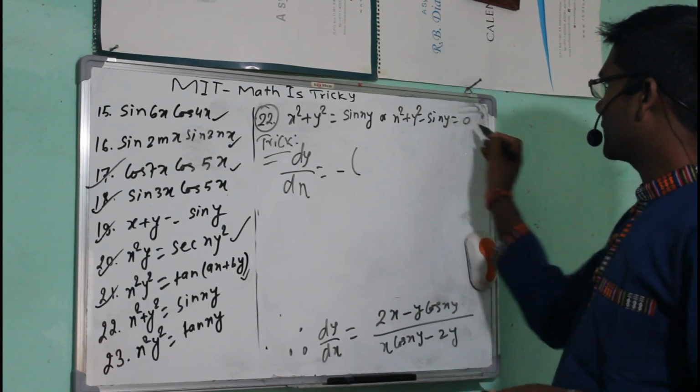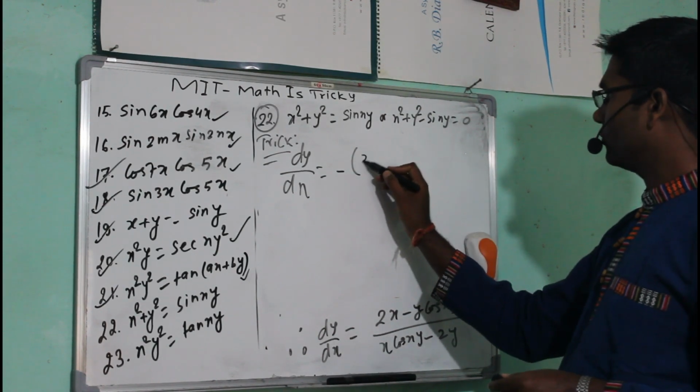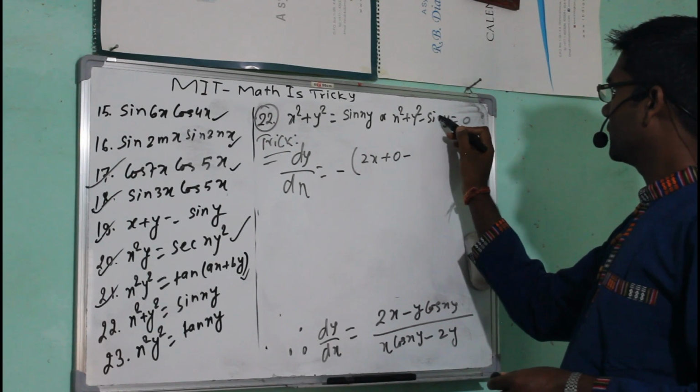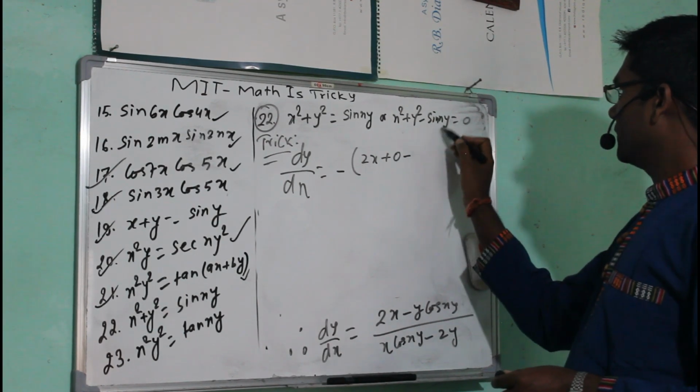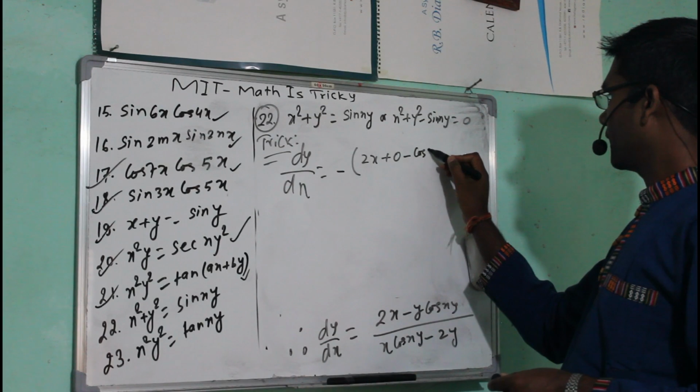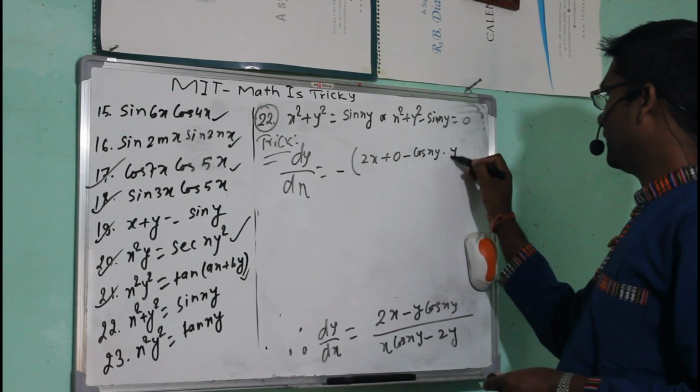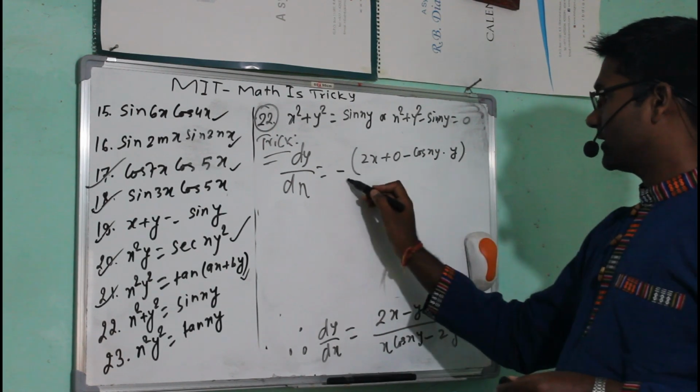Now differentiate with respect to x: simply 2x plus 0 minus cos(xy), and for xy we simply write y, because y is constant in the first part.